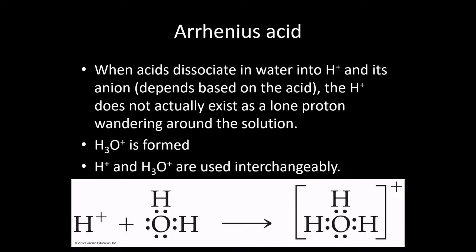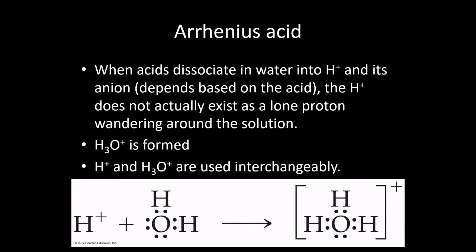One quick thing about H+, the hydronium ion. When we put acids into water, technically speaking, they don't actually make H+. H+ is actually just a proton. That's all that would be. It's just a single proton. And that's not stable enough to just be floating around in solution all by itself. So instead, what actually happens is it forms H3O+.